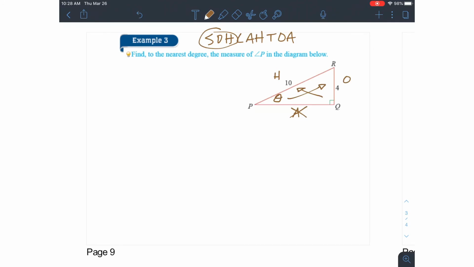Now that we have that, we can go ahead and set up our equation. We have sine of theta equals, since it's opposite over hypotenuse, it'll be 4 over 10. And now this question just turns into what we were doing on the previous slides. We just need to do the arcsine of both sides.